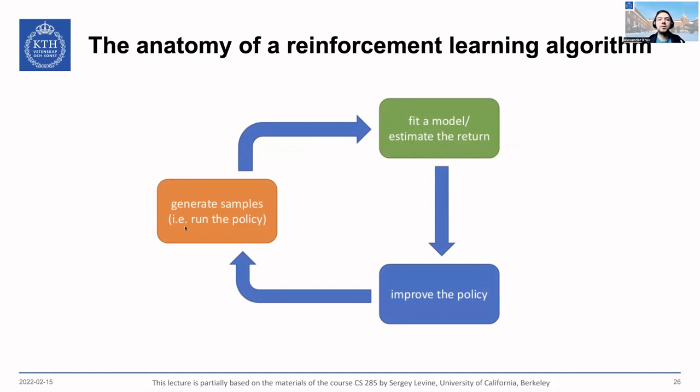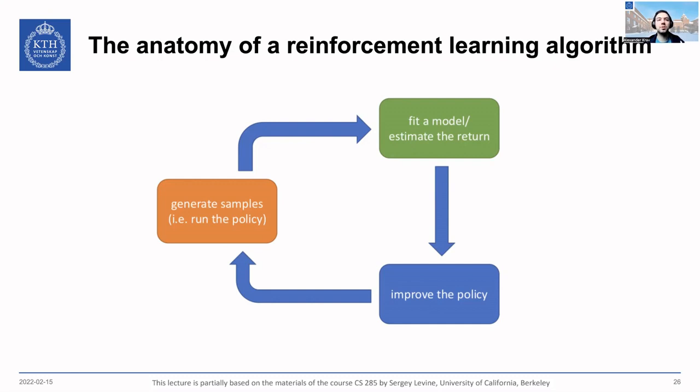First we generate the samples, and usually in reinforcement learning, given that we are in a closed loop, we start with some decision-making policy, which could be initialized randomly or by, for example, behavior cloning from demonstration. But let's say we start from some random policy.